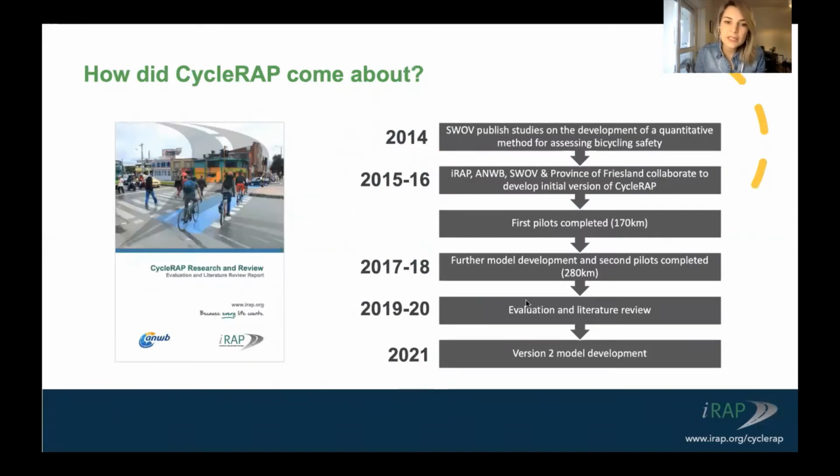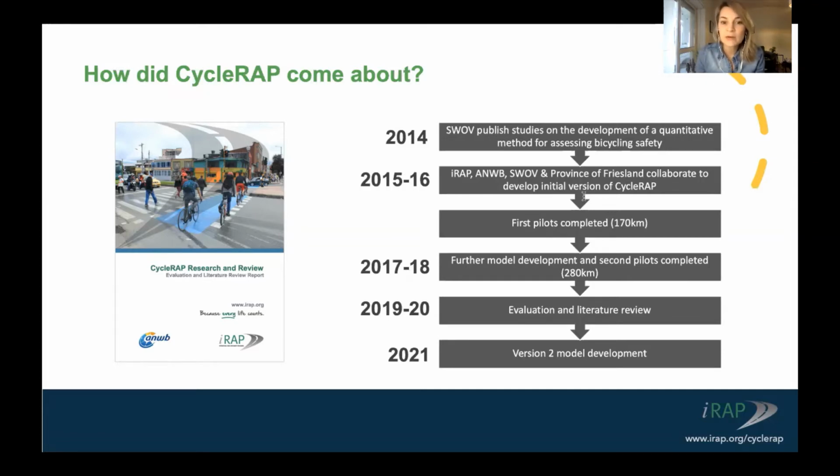So CycleRAP initially came about in collaboration with SWAF, ANWB and the province of Friesland in 2014. Some initial work was published by SWAF, and the model was tested on 170 kilometers in the Netherlands in 2016. Then further developments were made, and in 2017 and 2018 we ran a second pilot.